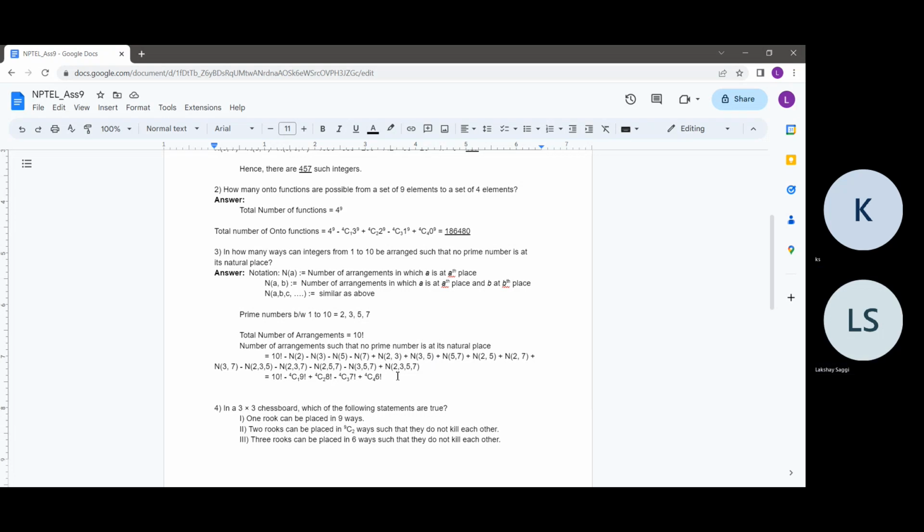So this will be the answer for this question. I don't know the actual value that will come out, but the calculation is this only.